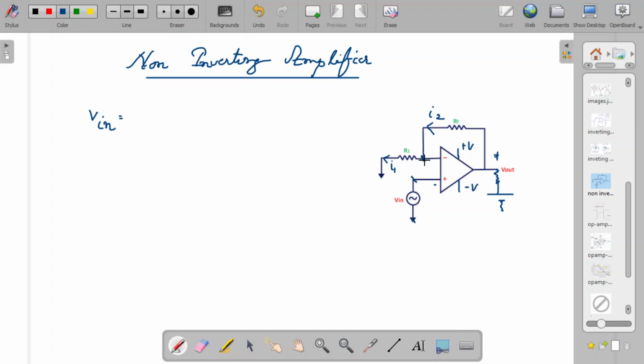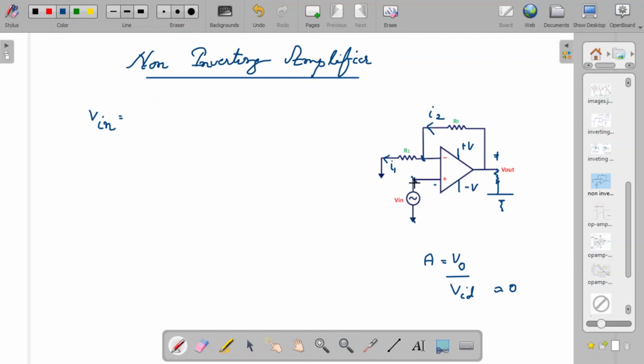So the voltage at this point should be virtually equal to the voltage at this point. That is what we studied, right? Since the gain of the op-amp is very high, and this gain is Vo divided by Vid, the difference voltage Vid, for the gain to be very high or infinite, Vid should be approximately equal to 0 when these two terminal voltages are the same.